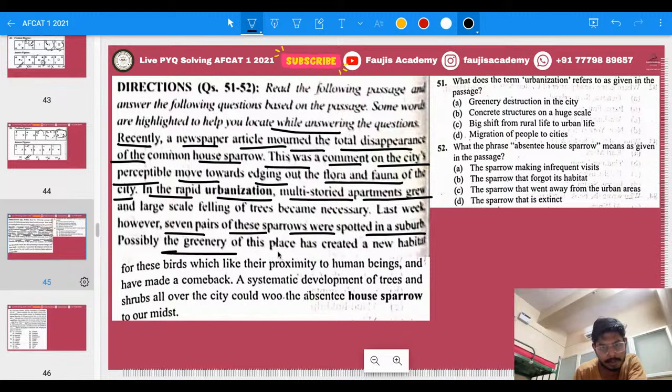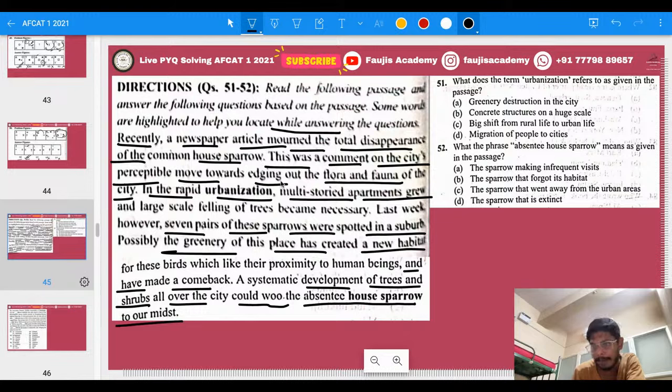Possibly the greenery of this place has created a new habitat for these birds, which like their proximity to human beings and have made a comeback. A systematic development of trees in suburbs all over the city would woo the house sparrow back to our midst. Okay. First of all, woo means what? W-O-O. Woo means to attract.